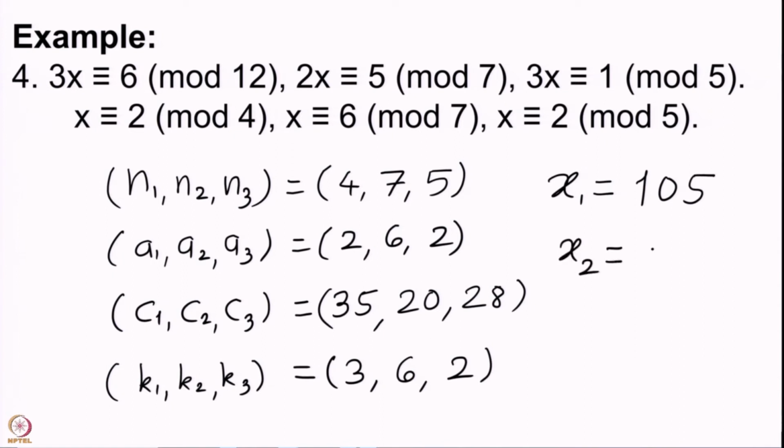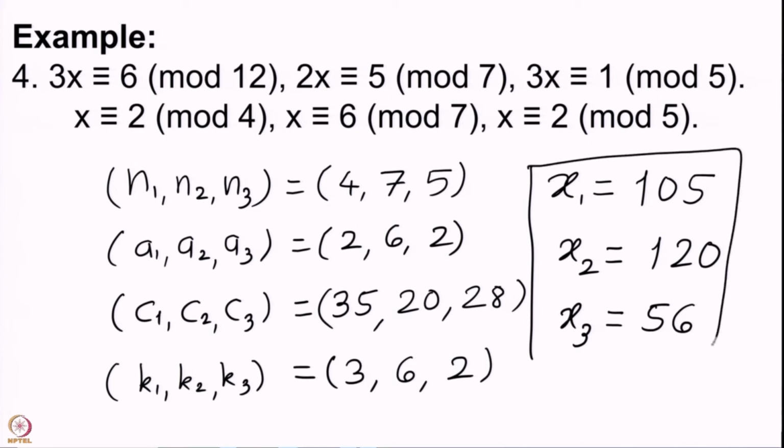X2 is 20 into 6, that is 120. X3 is 28 into 2, so that is 56. These are the 3 most important numbers that we need to remember for solving this system: 105, 120 and 56.